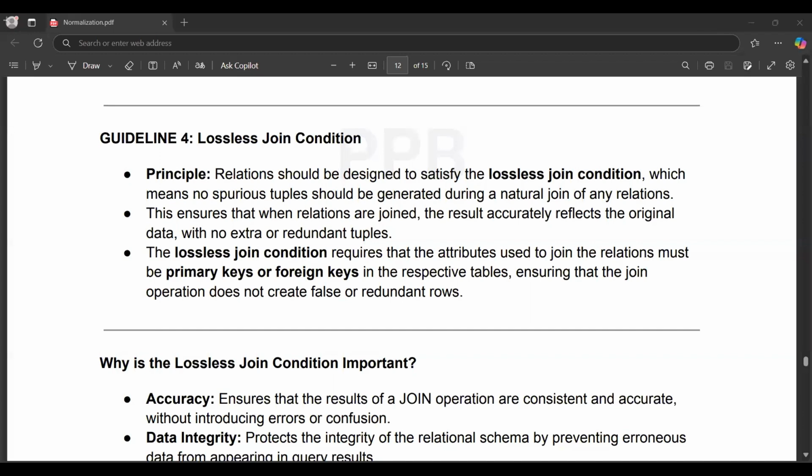Okay, so before we go into lossless join condition and guideline 4, you have to know what spurious tuples are. In relational algebra, we studied cross product and the compound operation natural join, and we learnt about theta join, joins that depend on cross product.